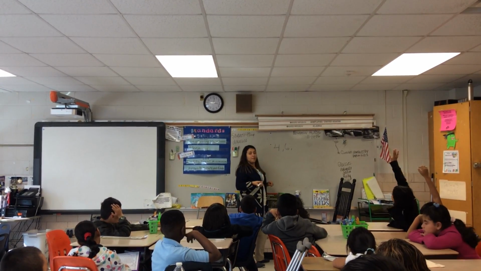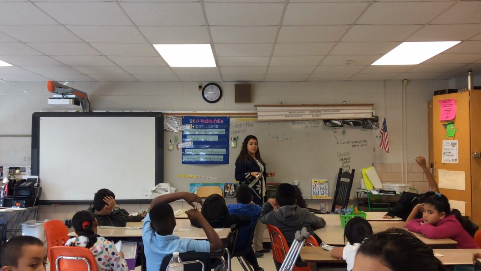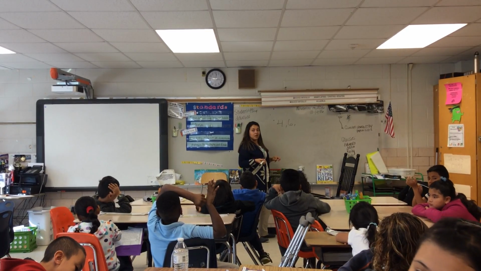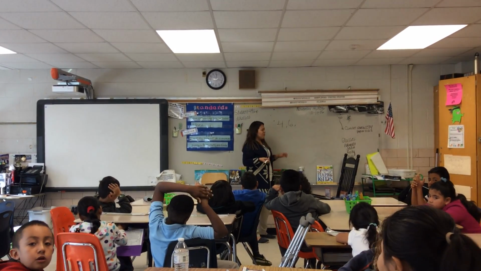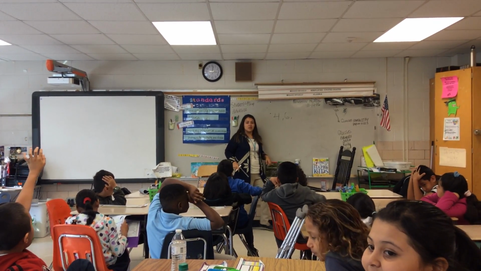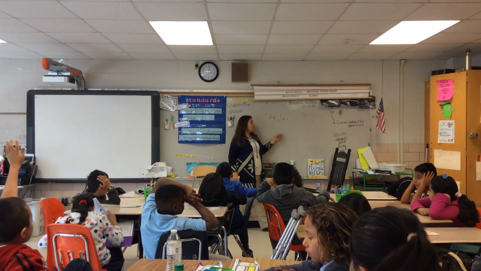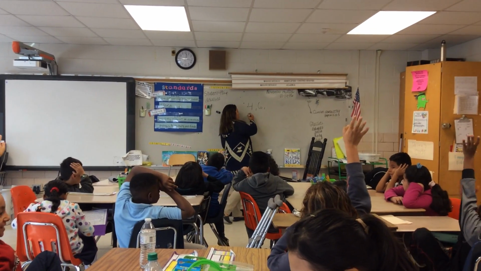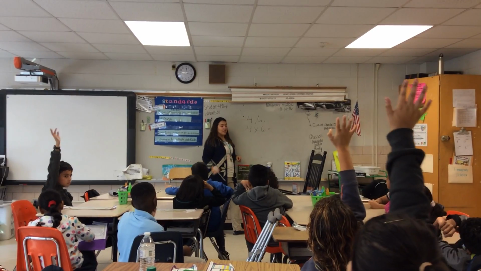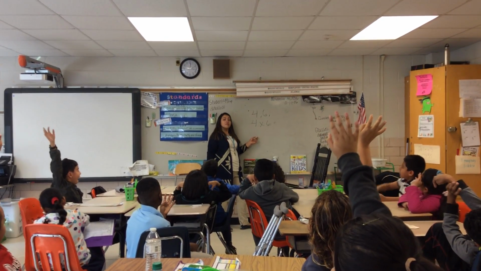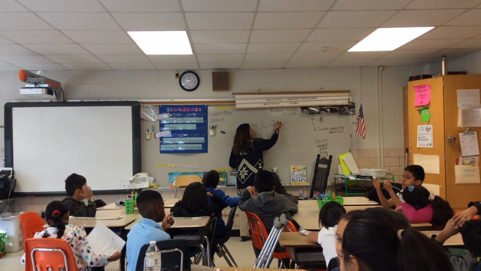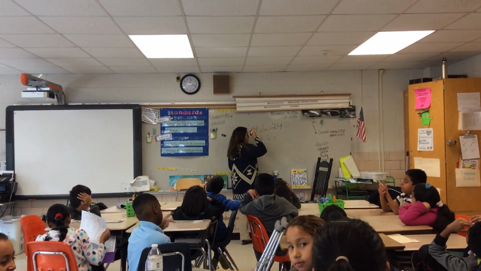Okay, give me what? We're doing multiplication. You have 4 groups of 6. Come on. 24. Okay? So our 3 numbers are 4, 6, and 24.